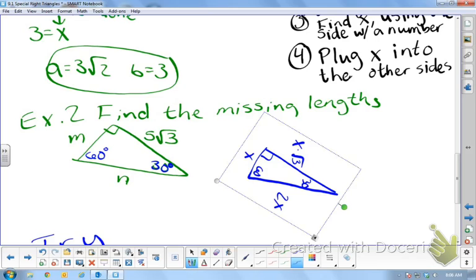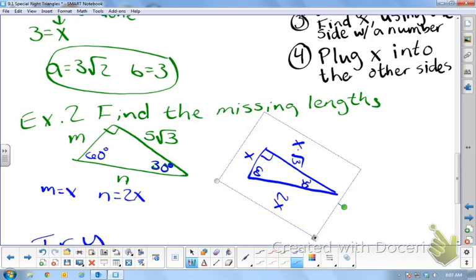So if we rotate that around, what does m go with? Just plain old x. This side goes with just x. So m goes with x. What about n? What does that go with? 2x. N goes with 2x. What about 5 square root 3?